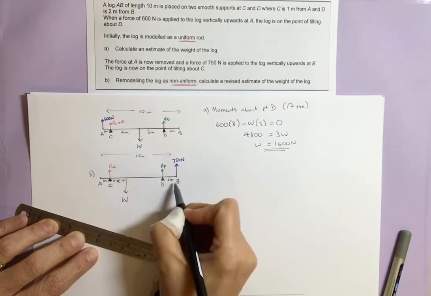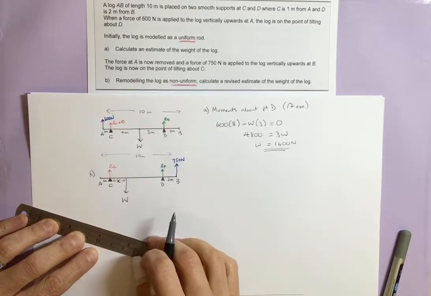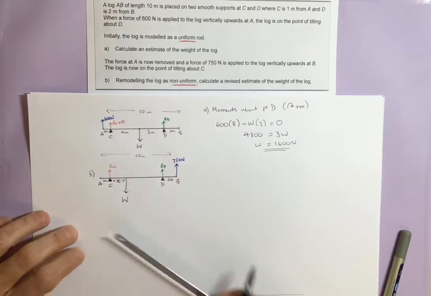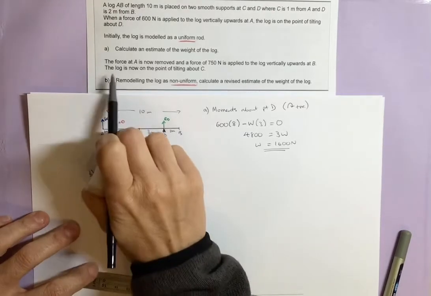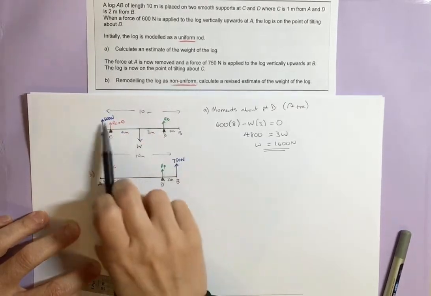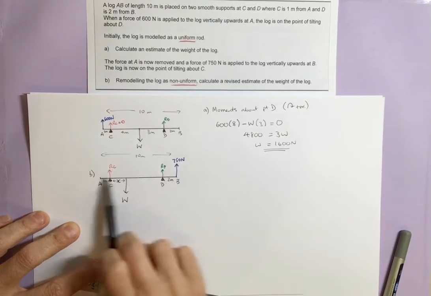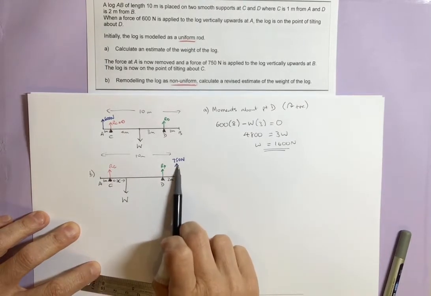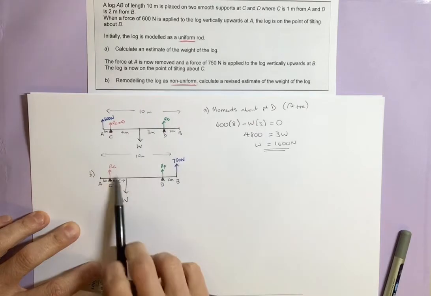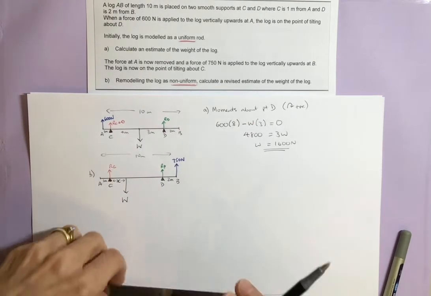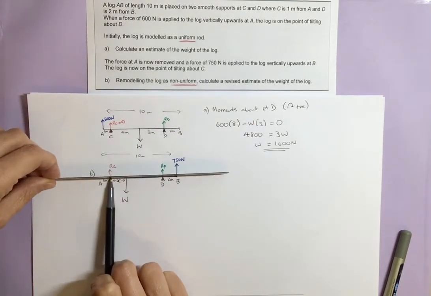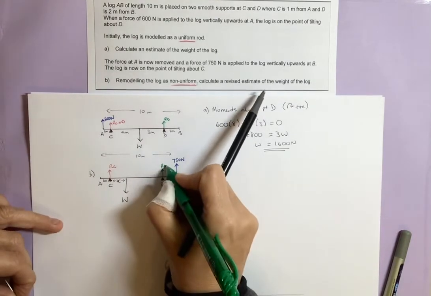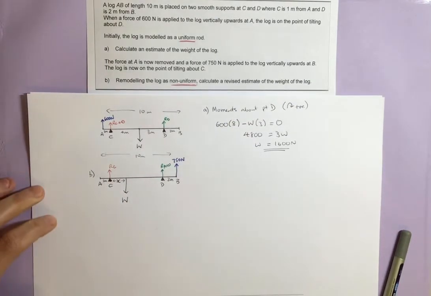This is still 1, this is still 2, this is X. Okay, so now let's have a look at this. It tells us in the question the log now, with 600 taken off and 750 moving upwards here, is on the point of tilting about C this time. So we're about to tilt here. That means this reaction force is reduced to 0.